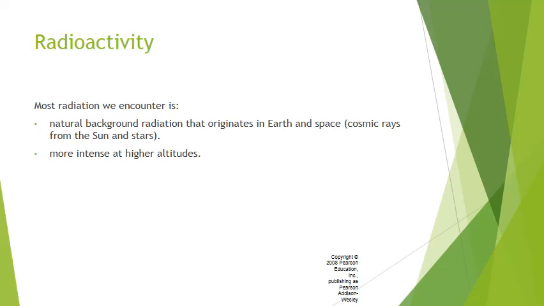Similarly for astronauts, that's one of the big concerns if we were going to do a long-term space project such as going to Mars, is how much radiation those astronauts will get dosed with. So a lot of radiation is just natural, and we just have to deal with it. It's not going away anytime soon. So it's a matter of knowing that it's there, knowing its effects, and knowing how to limit your exposure to that type of radiation.